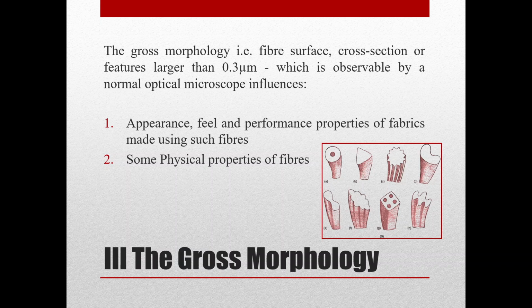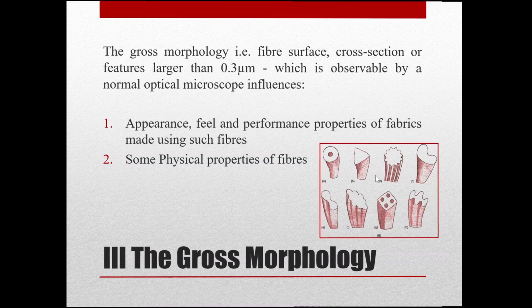Or if one were to add certain features on the surface of the fiber, again one may see some changes. For example, this is a hollow fiber, or a triangular cross section fiber, or a kidney bean shaped, or maybe this square shaped with hollows inside. All these various shapes will affect certain physical properties also.